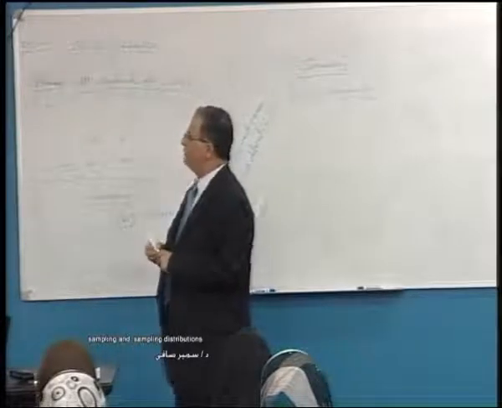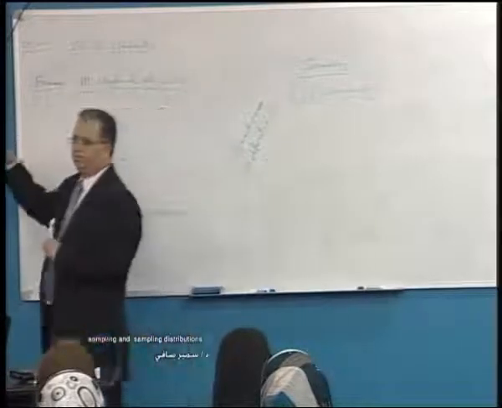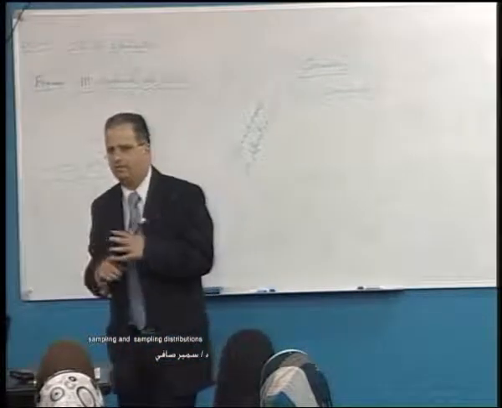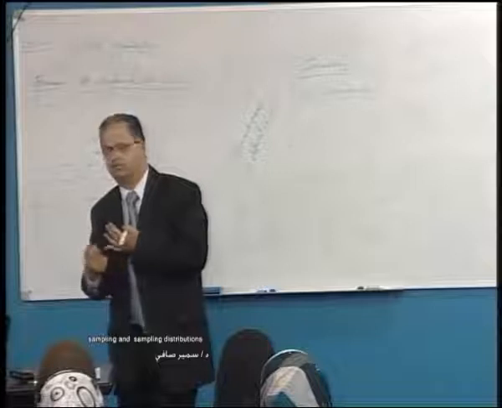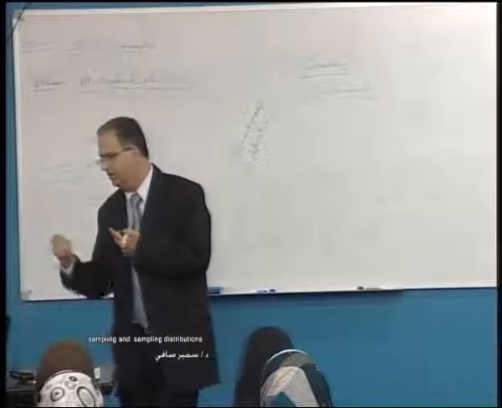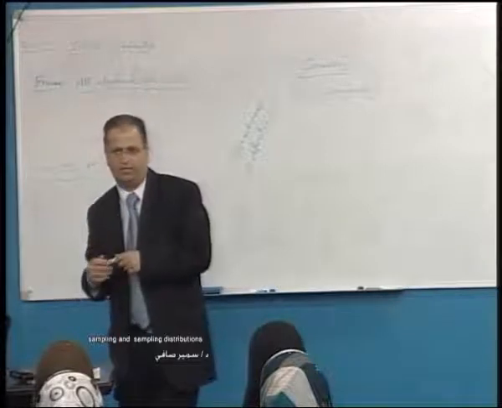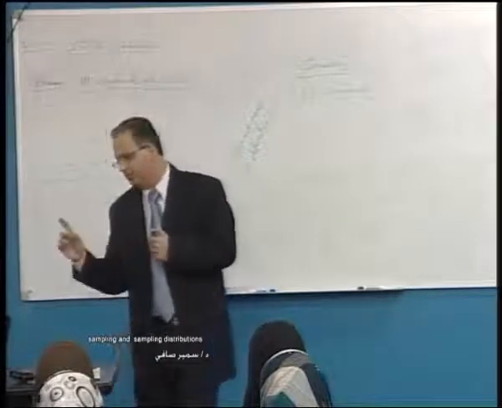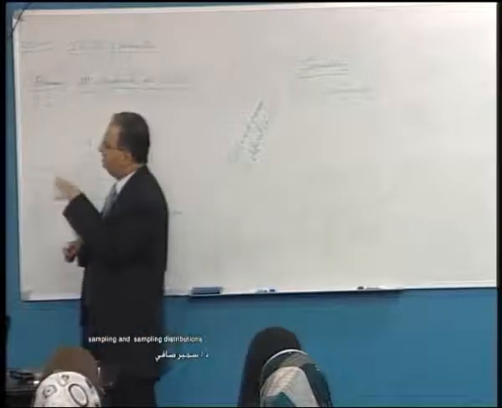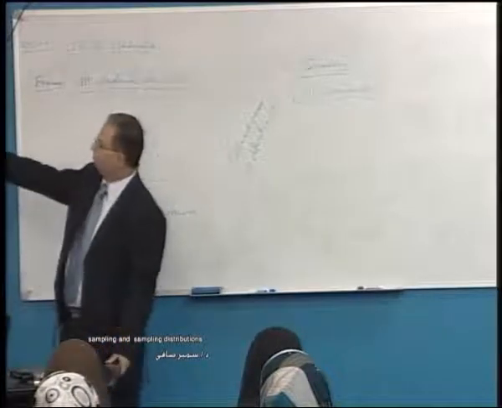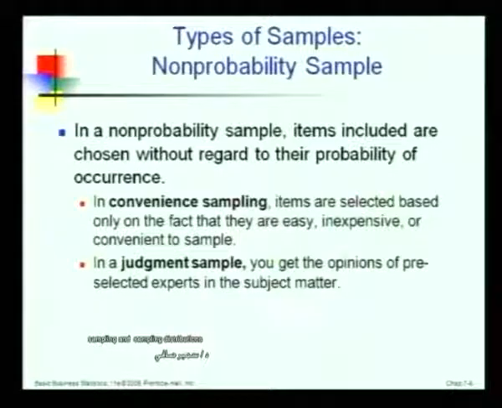If I choose my sample because it is easy or inexpensive, I think it doesn't make any sense. Because easy is not a reason to select that sample. Inexpensive, I think, is not that big a reason. But if you select a sample because these items are convenient to sample, it makes sense. So a convenience sample can be chosen based on easy, inexpensive, or convenient to sample.